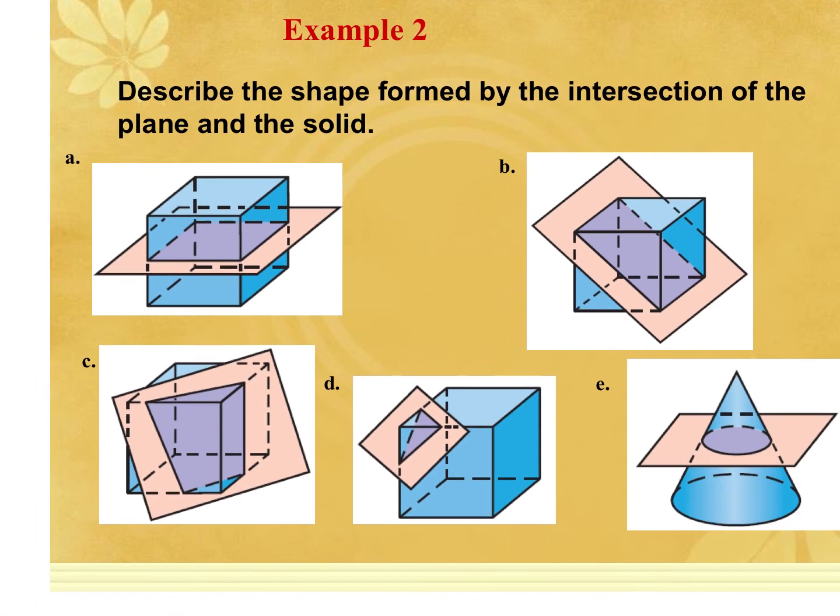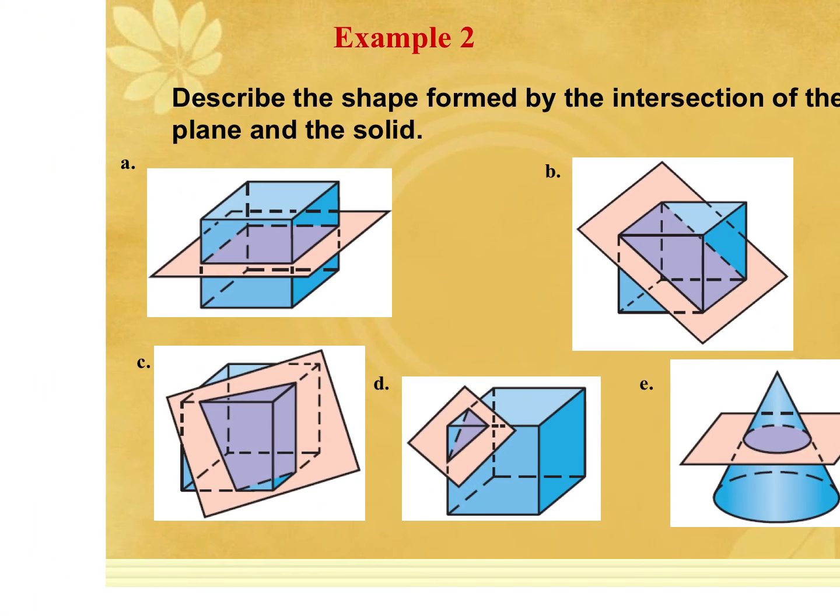So the first 4 pictures here, A, B, C, and D, it's originally a cube. And then they're going to slice through it with a plane. So when you slice and make a cross section for A, notice the shape that would result is a square.